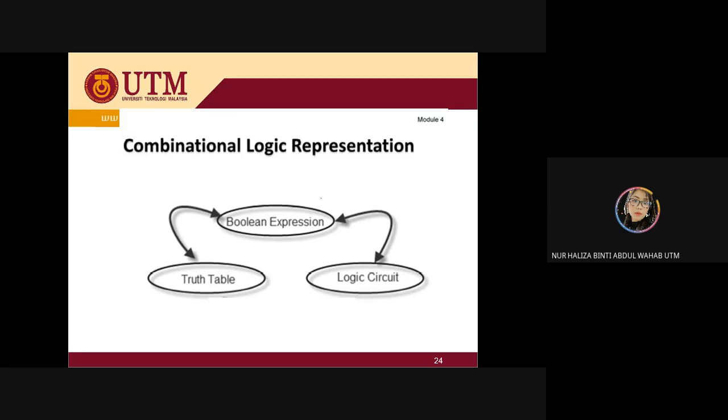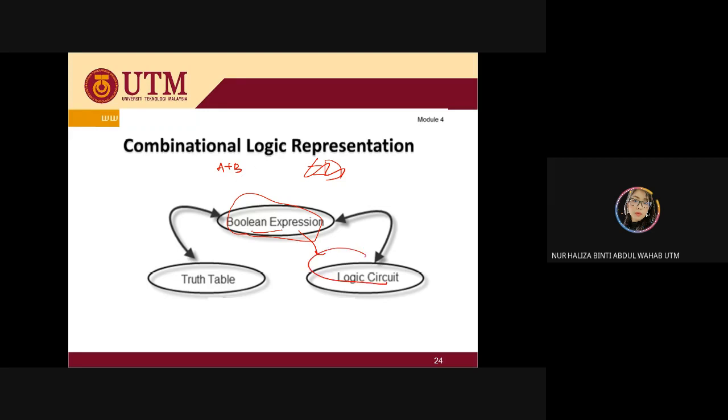Yesterday we took a look at the Boolean expression. We have already drawn logic circuits several times using our Boolean expression. I used the simplest versions, for example an AND gate. From a very simple Boolean expression, I already taught how you can draw your logic circuit.